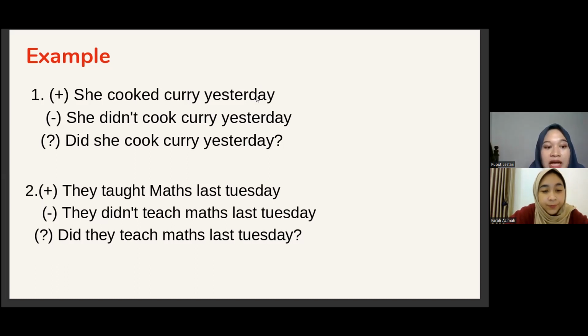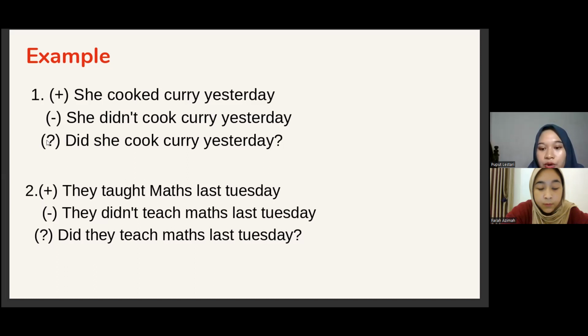Okay. The negative sentence has she as the subject, and after the subject comes didn't, and the verb becomes verb 1. Why? Because this is a negative sentence. It is changed. Then the next part is still the same.